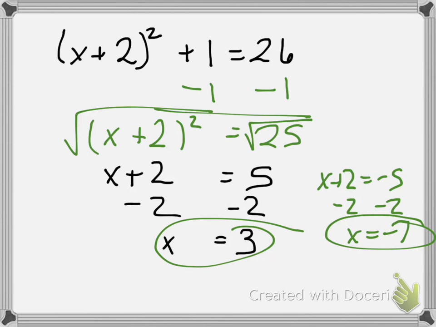When it's equal to what? Zero. Because is there a positive or negative 0? 0 is neither positive nor negative. And so that's one time where you would end up with only 1 solution.